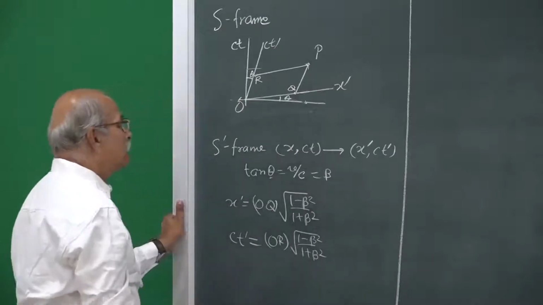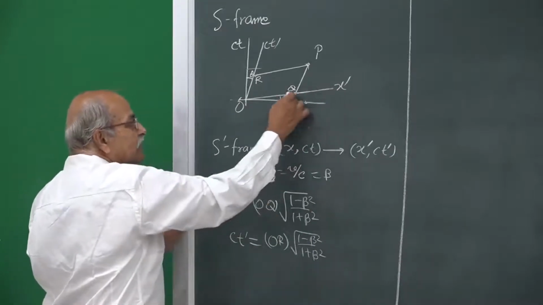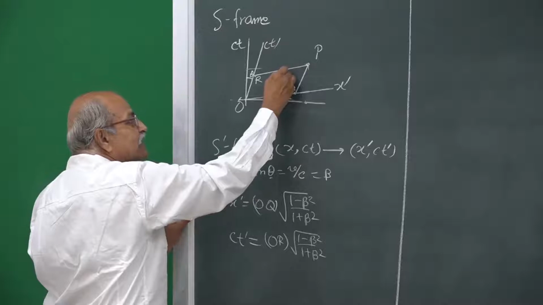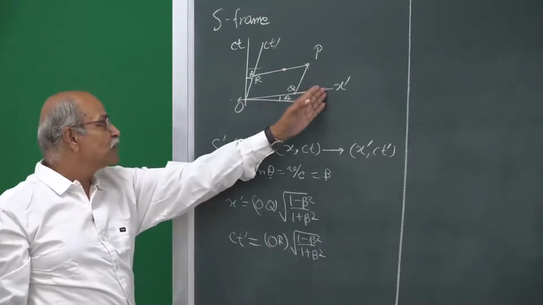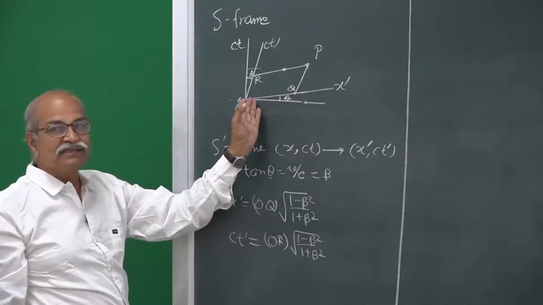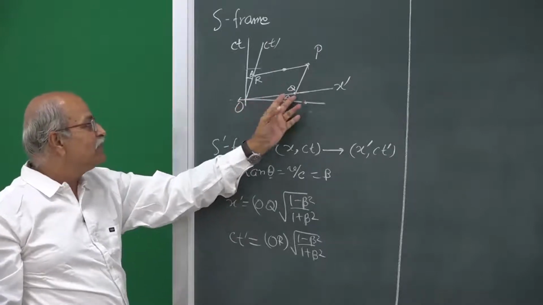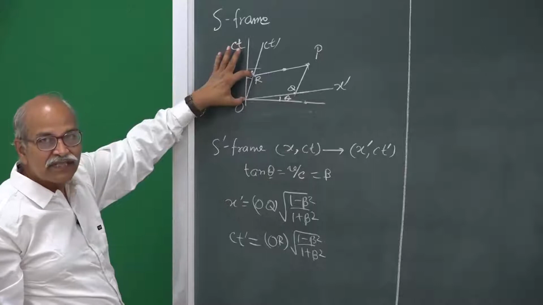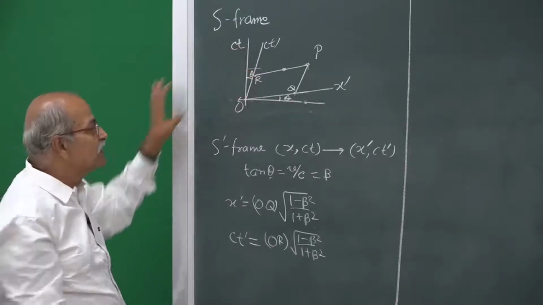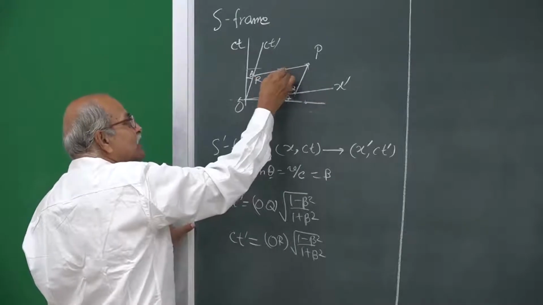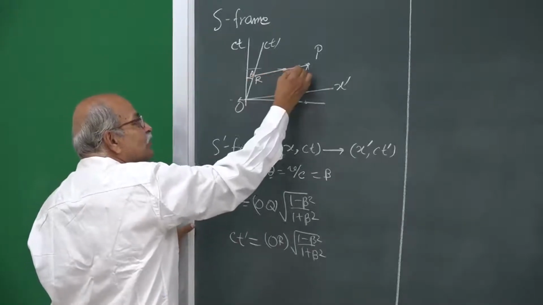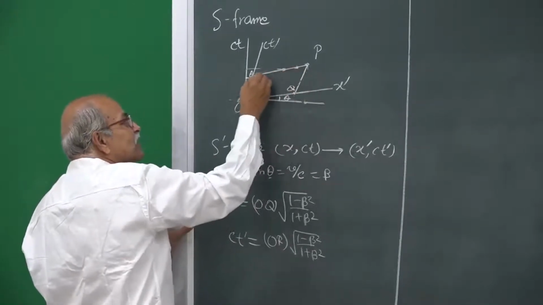And if you go parallel to the x prime line, suppose you have an event here represented by this, and you are going parallel to the x prime axis. Then x prime will change, but t prime will not change, because from here you have to draw a line parallel to x prime, and the same line will be there.